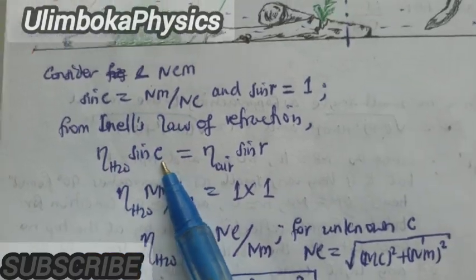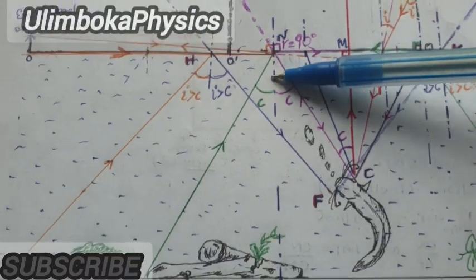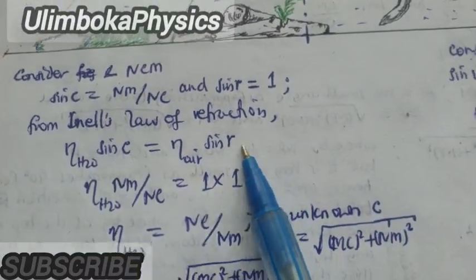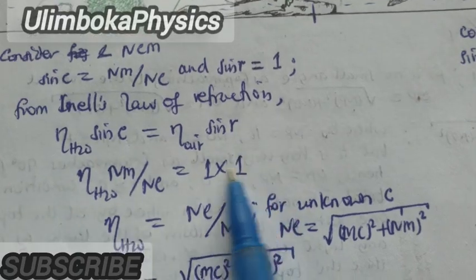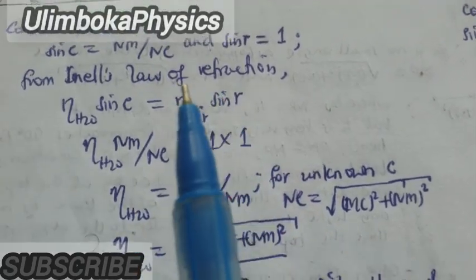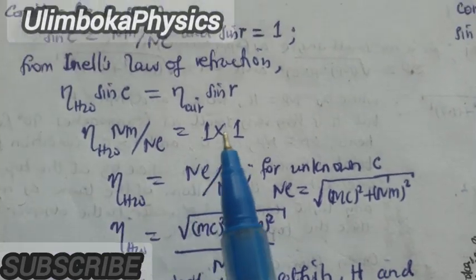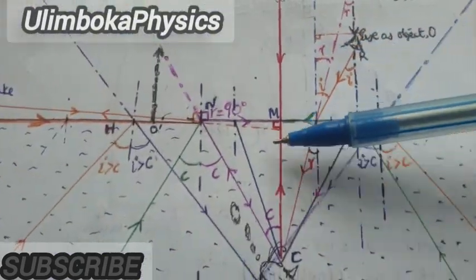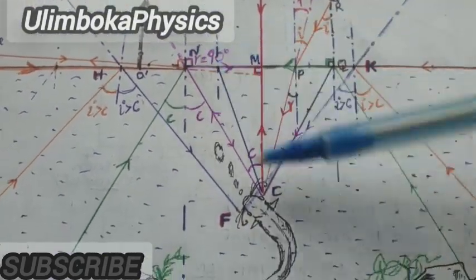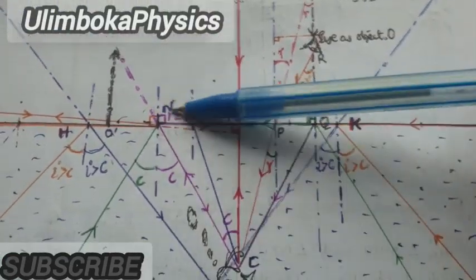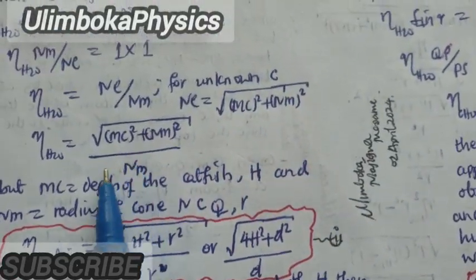Okay, we have now, as you can see, for the refractive index of water, the sine of this incidence C, and now R is equal to 90 degrees. Now sine of 90 degrees is equal to 1. Refractive index of air is approximately equal to 1. Then we have a formula, as you can see here. This is for NC. This is the adjacent, hypotenuse NC, and NM is our radius, the opposite.